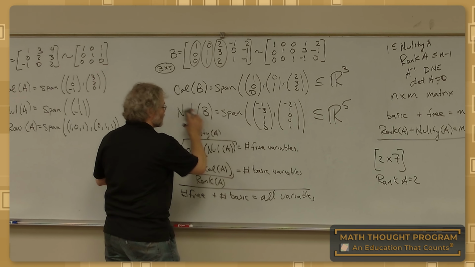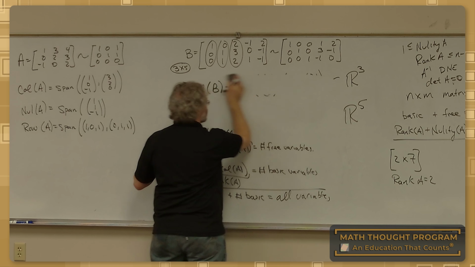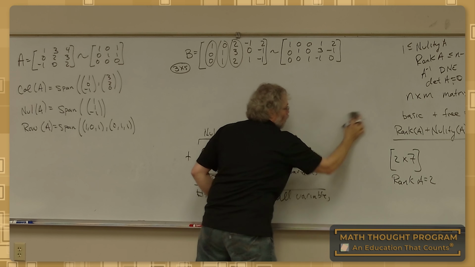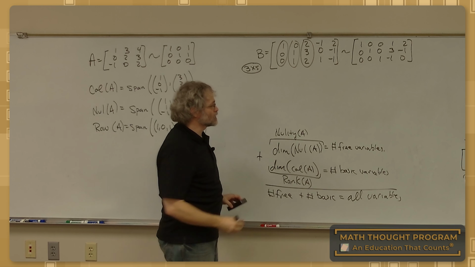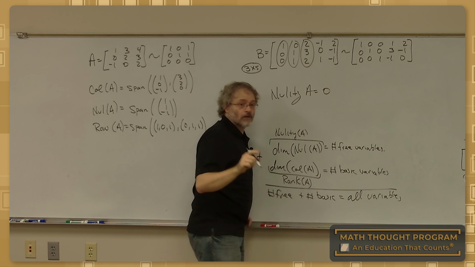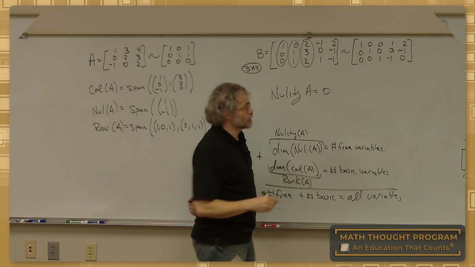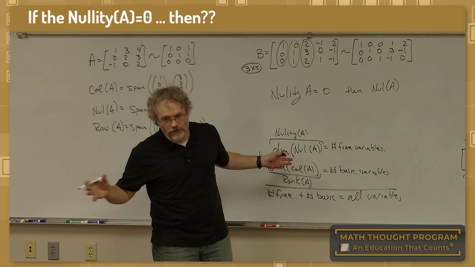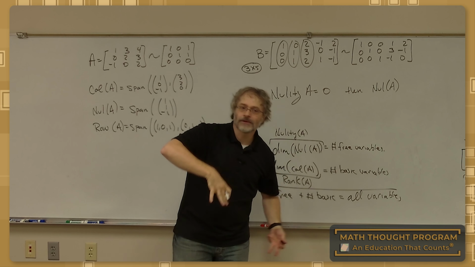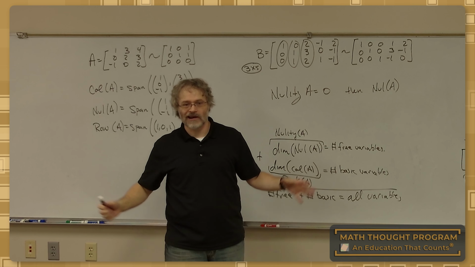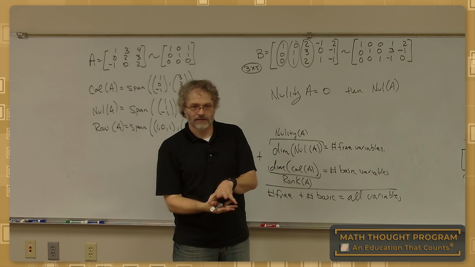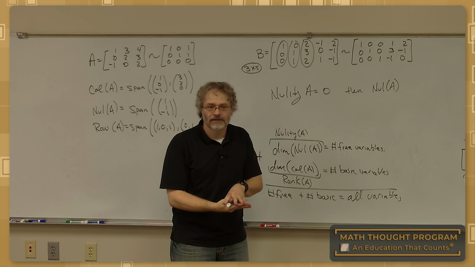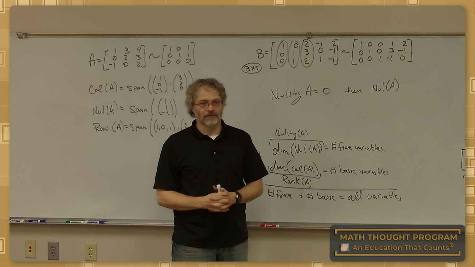And what if the nullity actually is 0? Describe the null space. What is a null space? It's all the vectors that when you operate on it, it collapses down to nothing. The singularity. It terminates, goes to 0.